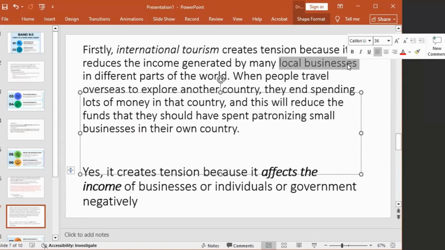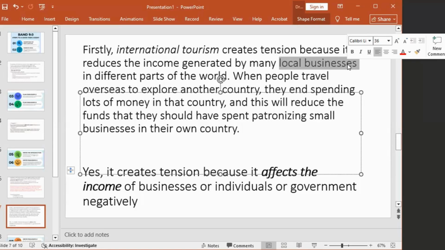So me, I want to do international tourism now. I decide to travel to maybe Colombia or Brazil. If I'm going to Brazil as a tourist, I need to carry a lot of money with me. That money should have been spent in Nigeria, which is my home country. But then, because I'm traveling, I end up spending the money there.